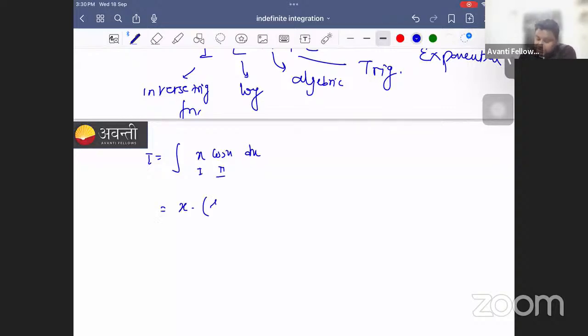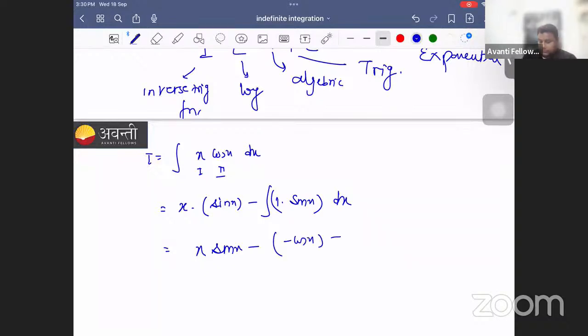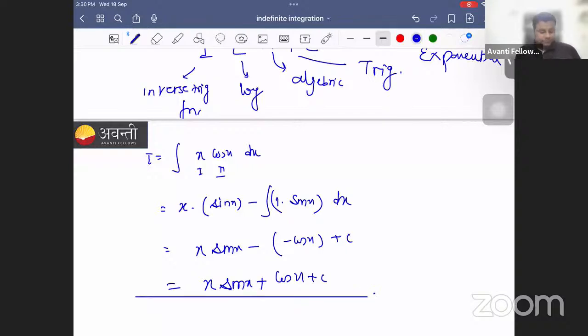Cos x integration is sin x minus integration derivative of first 1, integration of second sin x and then dx. So it is x sin x minus now integration of only sin x, that is minus cos x. So the answer is x sin x plus cos x plus constant. Am I clear?